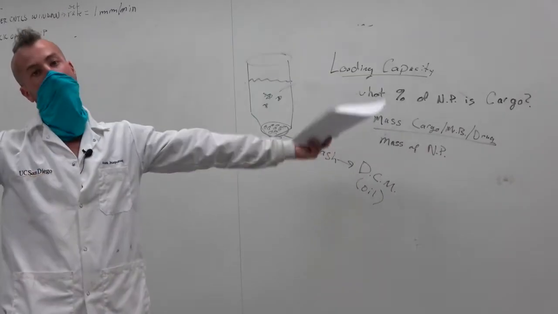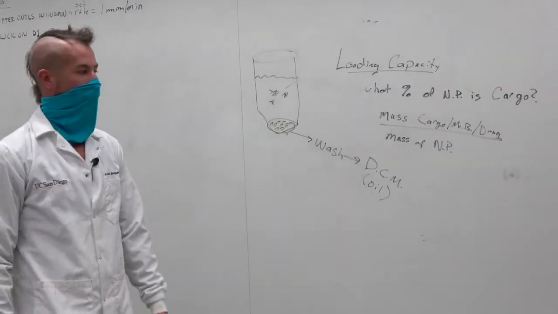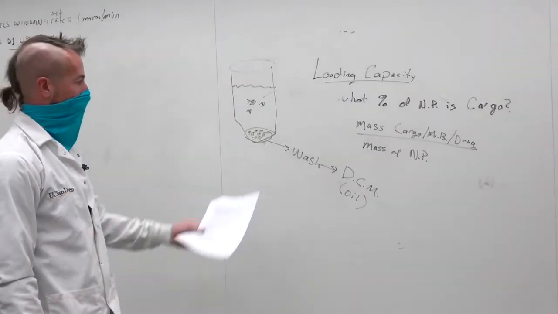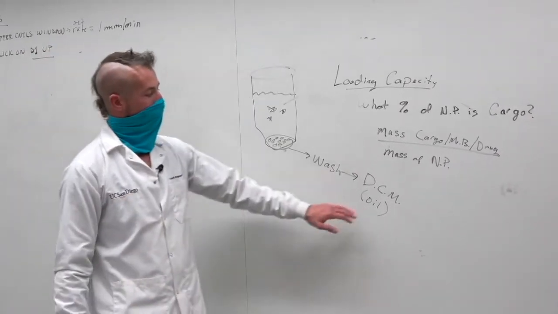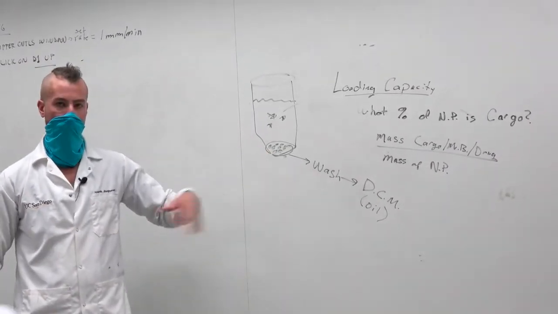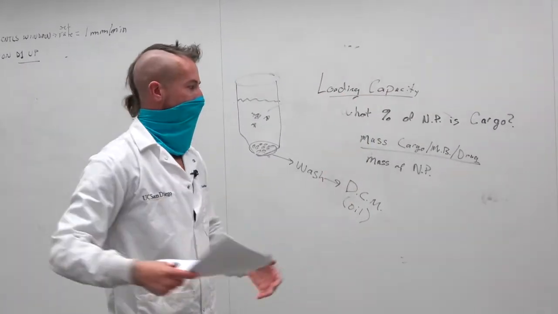So therefore, they should melt, right? This PLGA is very soluble in the oil phase, and so the polymer is basically just going to melt and release all of its dye.